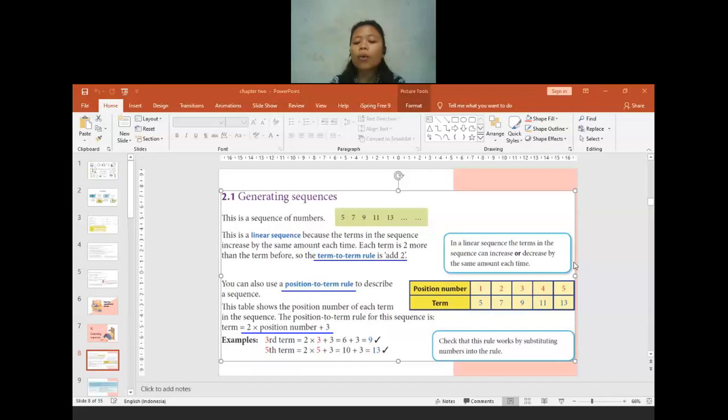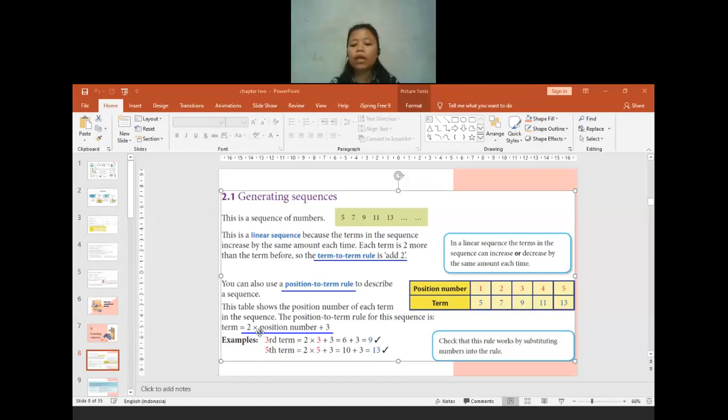If I want to directly find the seventh term, I don't have to find the first, then the second, the third, the fourth, and so on one by one. I can directly use the formula. I just replace the position number with the term I'm going to find.